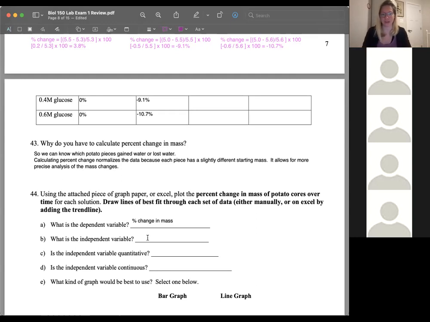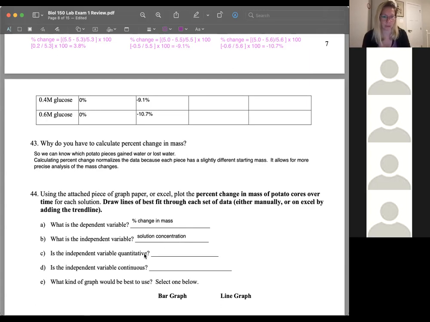Yes, the solution concentration. Exactly. So we're looking at percent change in mass in these different solution concentrations. And yes, we are doing it over time. So we could say that time is another of these independent variables, but it's not as critical as the concentration.